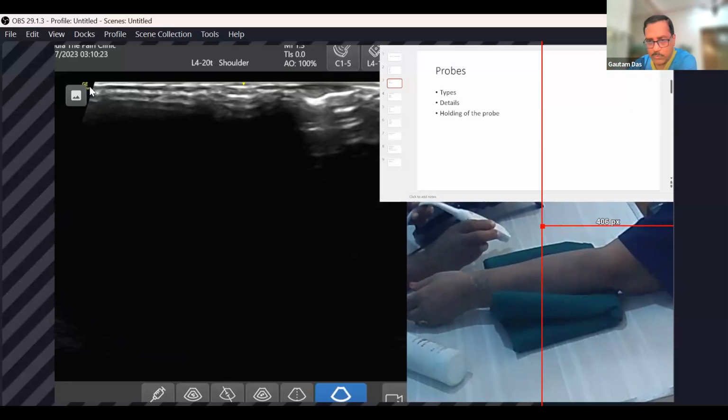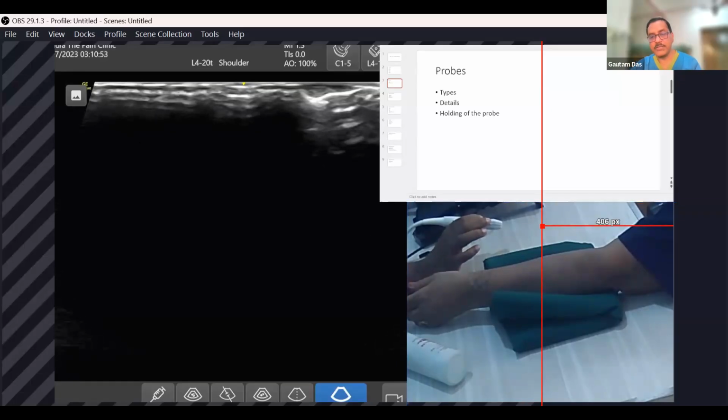Holding the probe should be like holding a pen, and the rest of the fingers fixed on the body, so that you can manipulate the probe very nicely. There are different manipulations Suspa already told, and I'll also be showing you. You can use the probe best if you hold it with 2 fingers and fix your hand on the patient's body with the other 3 fingers.